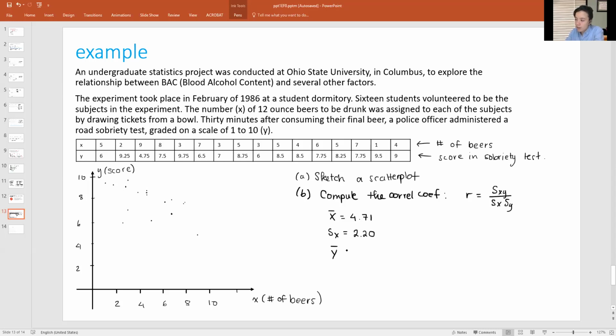Then you have Y bar equal to 7.80. So the average score was 7.80 with a standard deviation of 1.43. And the only thing that you don't know how to find is the covariance, which is S_XY. And in this case, it was negative 1.84.